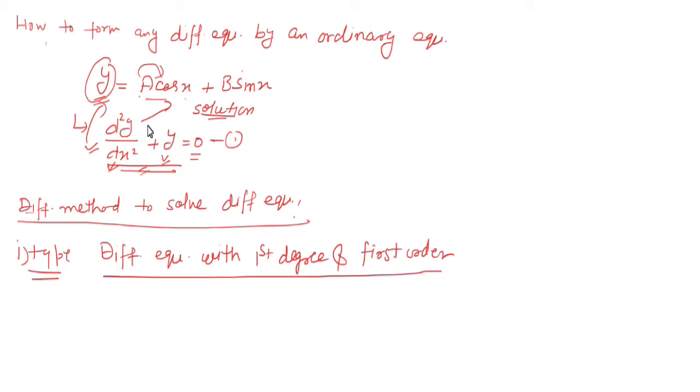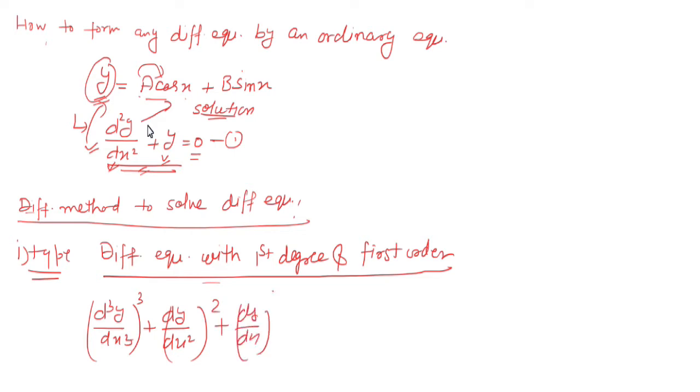And you have seen in last lecture that the maximum differential term is called the order of that equation, and the power of that maximum differential is called degree of that differential equation. So suppose you have a differential equation like this: d3y by dx cube whole cube plus d2y by dx square whole power 2 plus dy over dx whole power 5 plus y equal to 0.